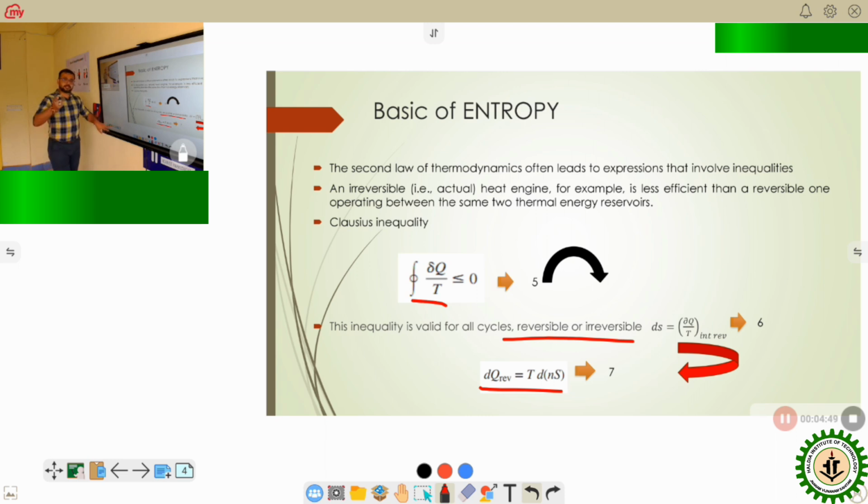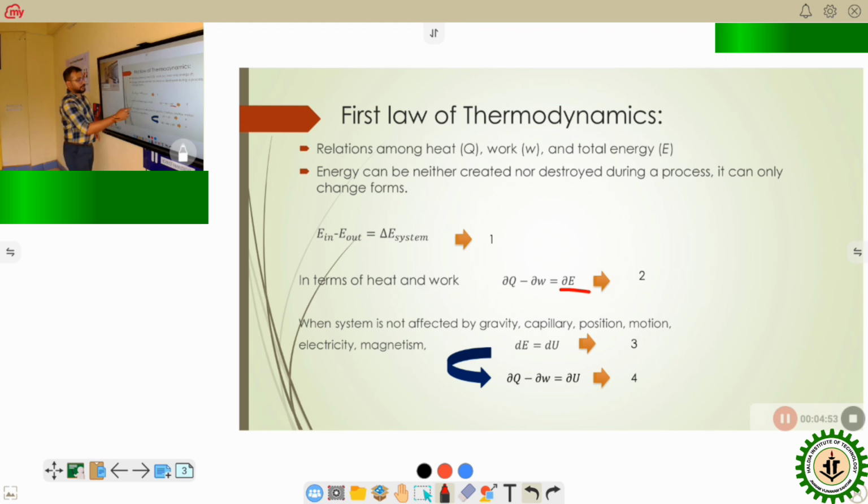So the first law of thermodynamics gives the equation del Q minus del W equals del E, or that total energy. Okay, so this is known as the total energy, which is the summation of all the macro energies and micro energies, which is also related with the internal energies.